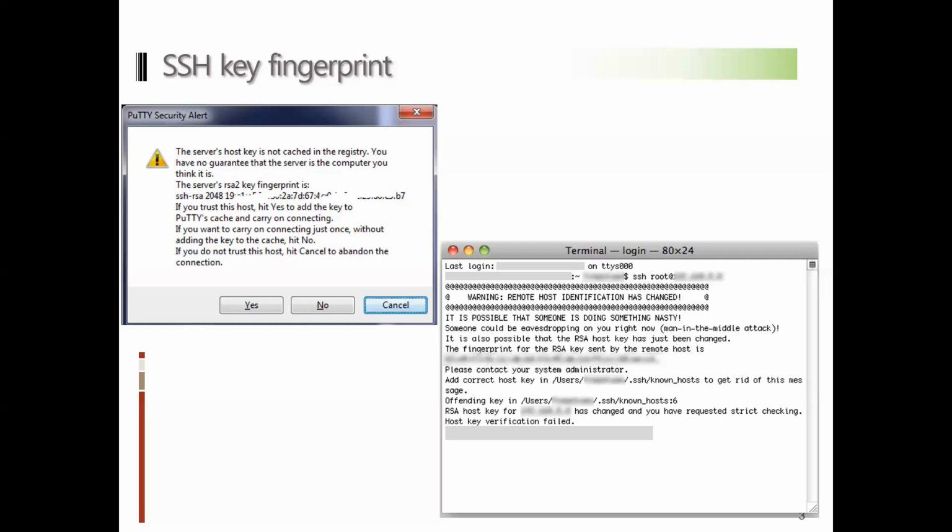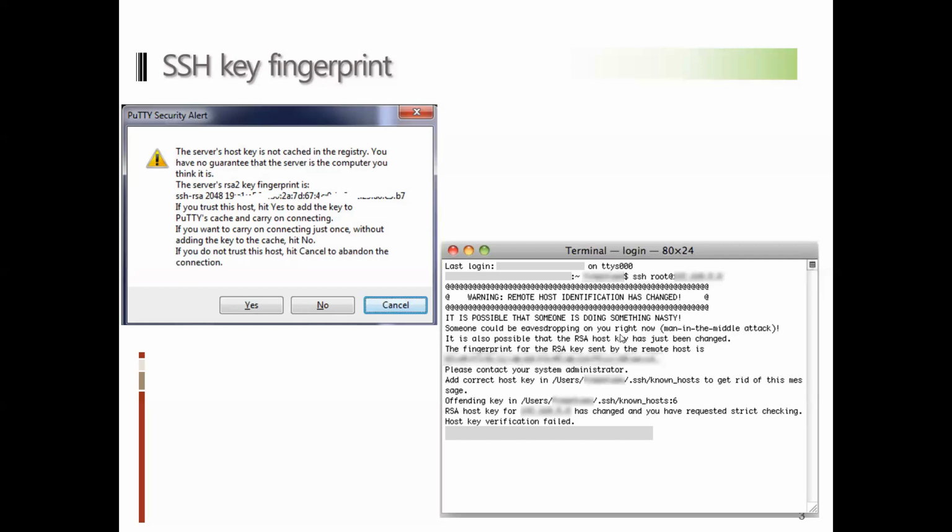In that case, there are two possible scenarios. One possibility is that there is an eavesdropper or a hacker in the middle, and the hacker might be trying to act like the authentic server.